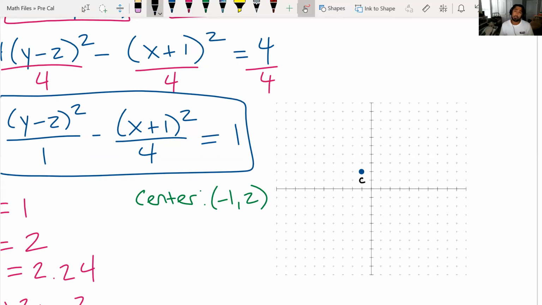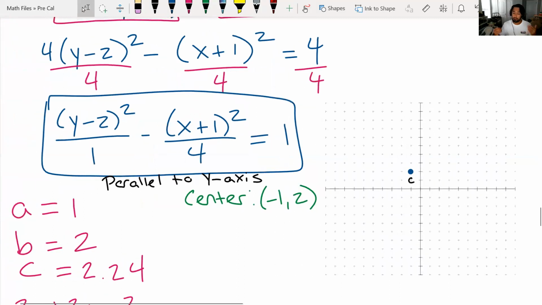Also, something to notice is that since it starts with y squared, we are now parallel to the y-axis. Which means if A is 1 from the center, we are going to go up 1, down 1. There's vertex 1, vertex 2. And center, of course.